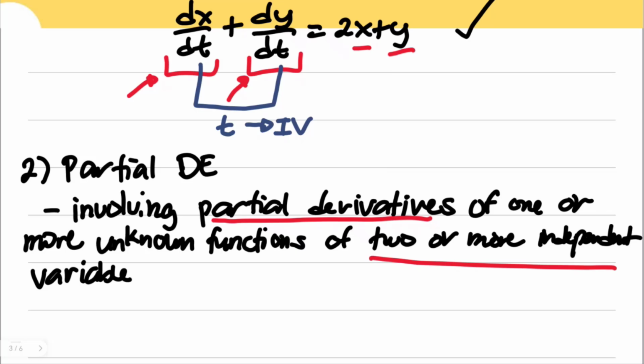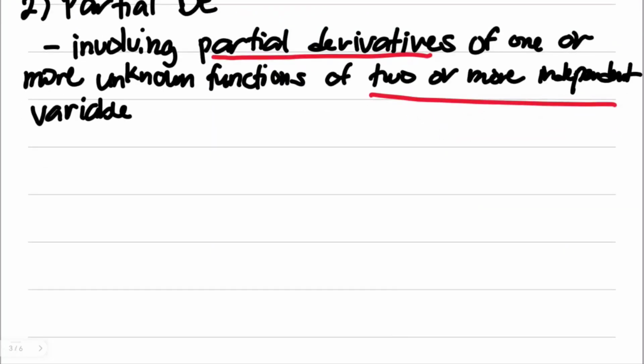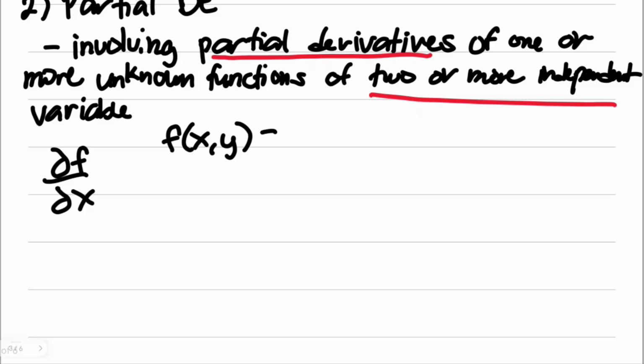As discussed already, the partial derivatives come in with this notation using the curly delta symbol. Say, for example, we have the partial derivative of f with respect to x, where our function f has two variables, let's say x squared y plus 3y.